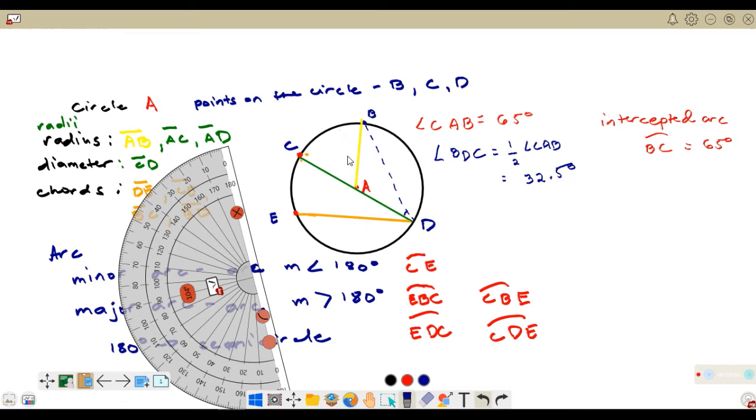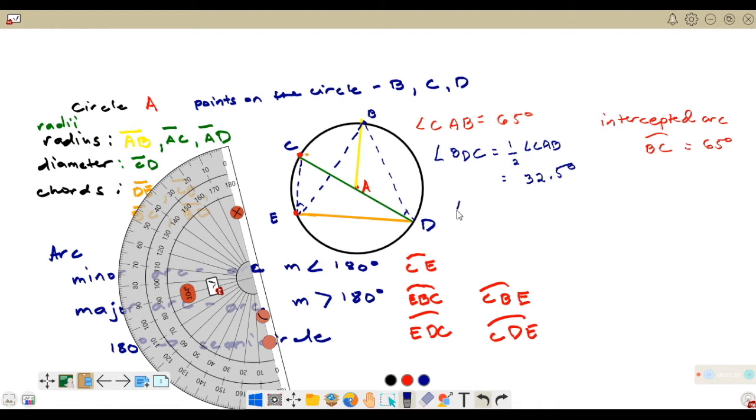Now, paano kung may isa pang angle na nag-intercept with the arc BC? Eh, meron pa tayo ditong isang point. Gamitin natin si chord CE at saka chord EB. So, mayroon ulit tayong isa pang inscribed na angle.